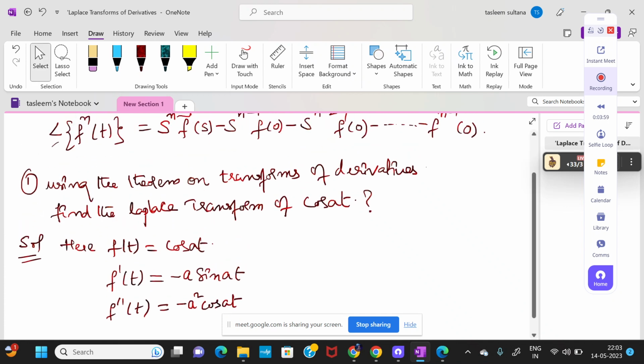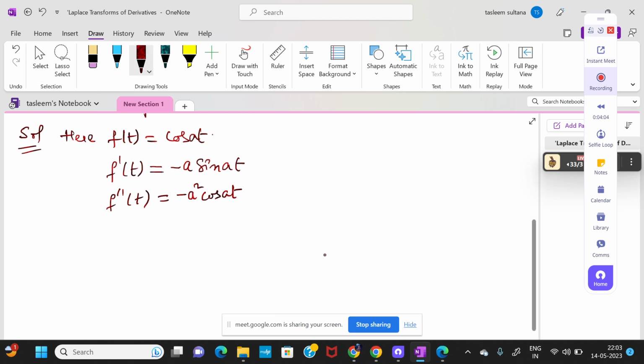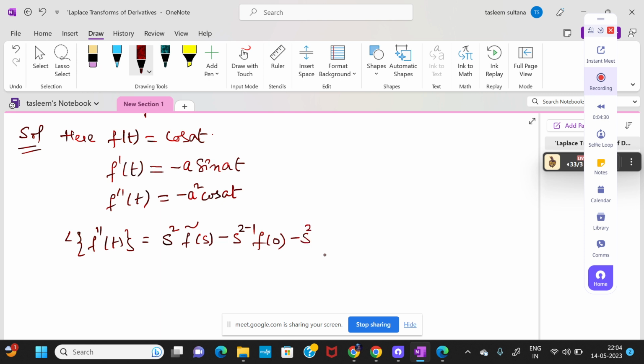Now first we'll write that formula. Your n is going to be 2. L of f double dash of t is equal to s square f bar of s minus s to the power of 2 minus 1 f of 0 minus s to the power of 2 minus 2 f dash of 0.